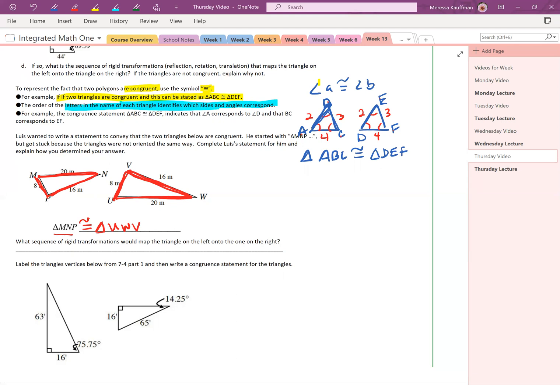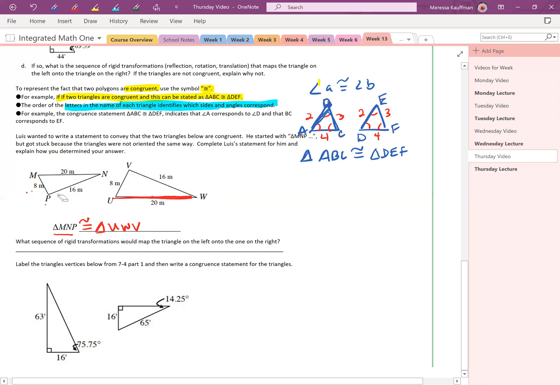The other thing you can think about is rigid transformation. How would I get it from here to here? Would I rotate it? Well, let's see. Here's that 8 side. If I rotate this around, would this land on top? So if I took this square, let's try it. We'll try my trick here.